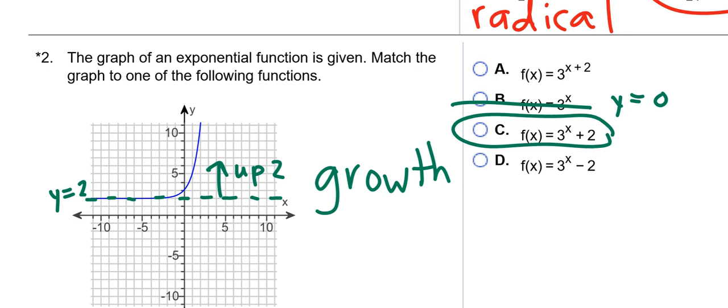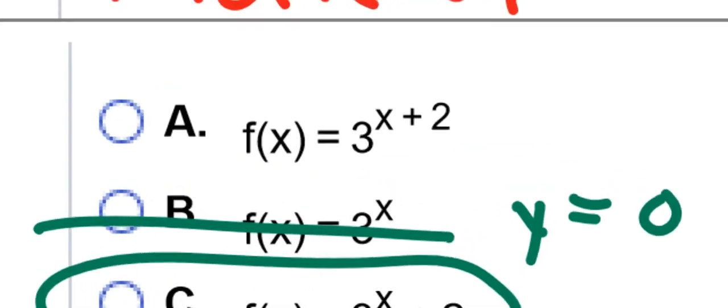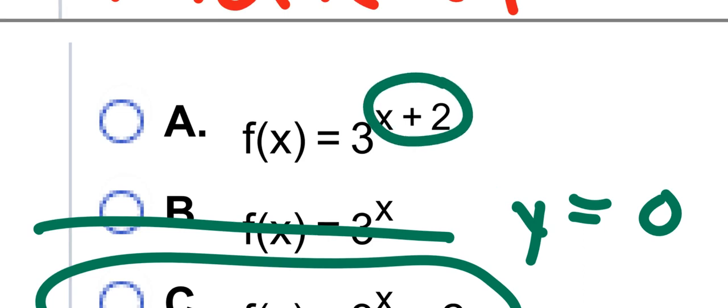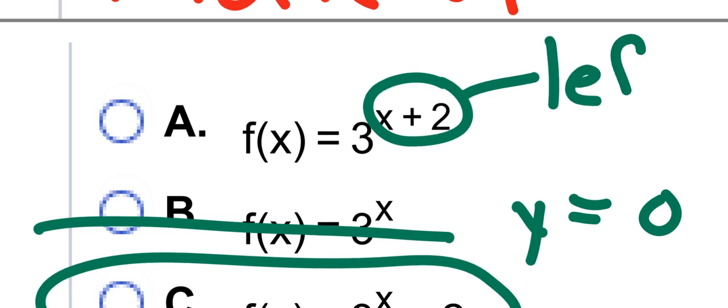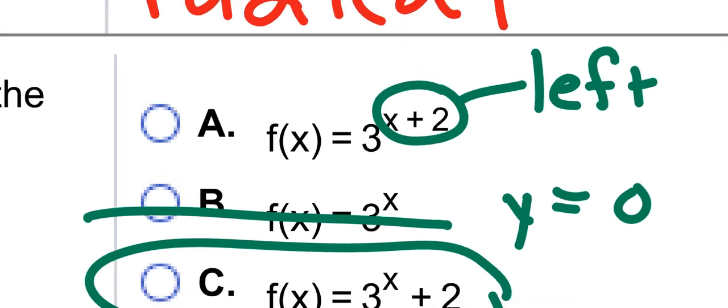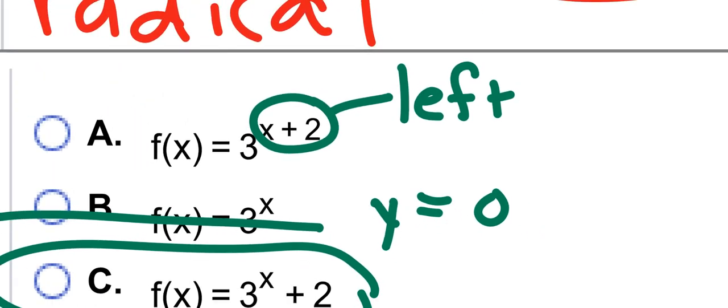And we talked about how if it is with the x, like letter choice A, then we are either moving left or right. Do you know which way you're moving on letter choice A? Is that left or right 2 units? It is left 2 units because we said that when you are changing the x, it goes against your common sense.